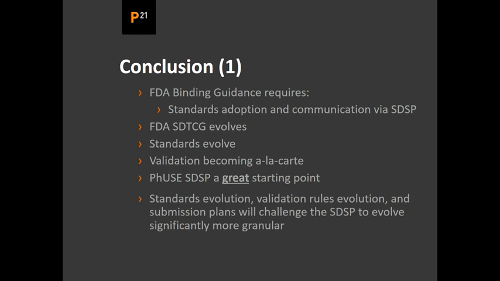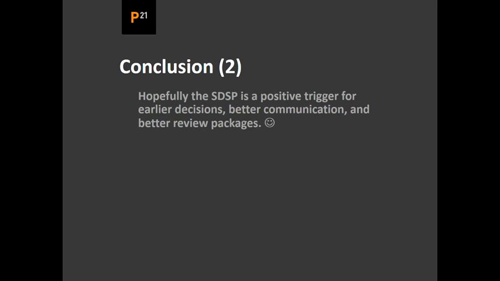Please do take a look at that website. Our evolution, rules evolution, and submission plan are all going to challenge us in the study data standardization plan to evolve more granular. Hopefully, however, this is all a positive trigger to facilitate decisions, communication, and hopefully a better review package.